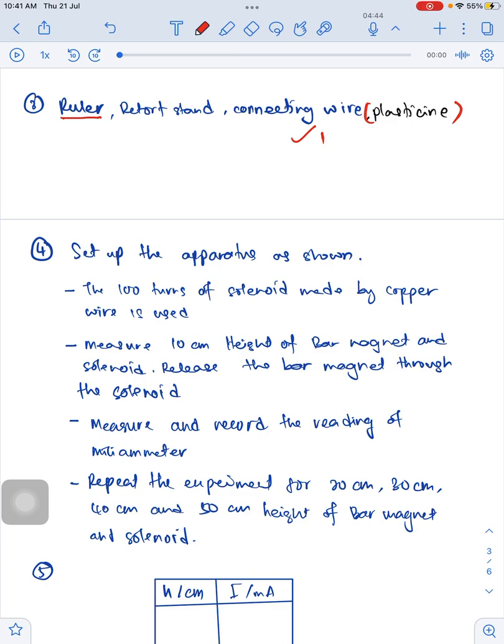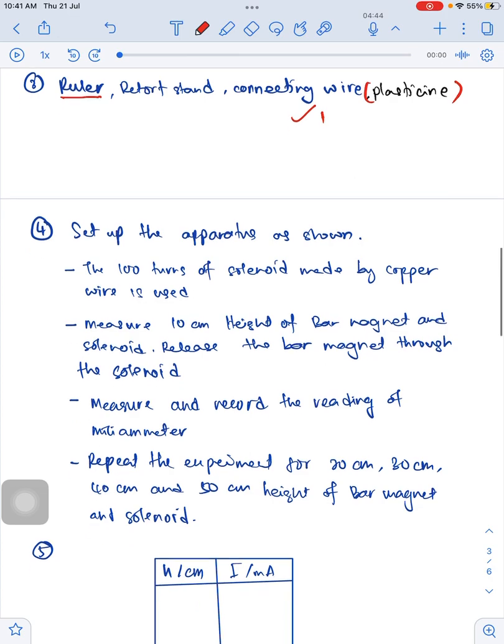Here we state how we control the variable, the number of turns of the solenoid. Measure a 10 cm height between the bar magnet and solenoid, and then release the bar magnet through the solenoid. Measure and record the reading of the milliammeter. Repeat the experiment for 20 cm, 30 cm, 40 cm, and 50 cm height of the bar magnet above the solenoid.